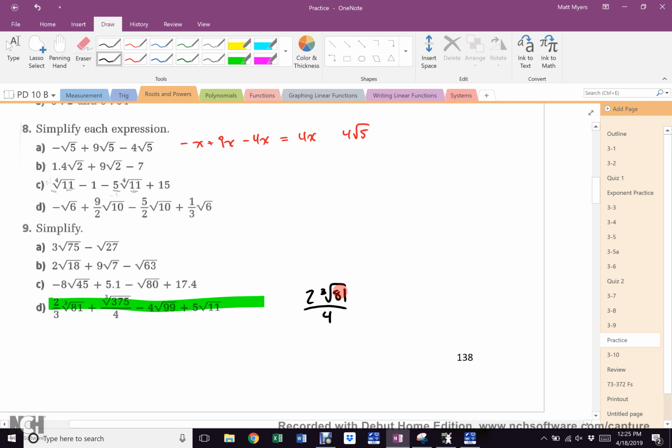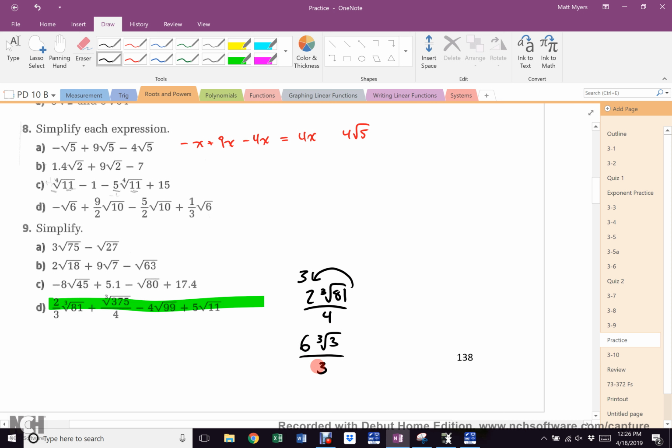Cube root of 81. 81 is 3 to the 4th power, yes? 9 times 9, 3 times 3, 3 times 3. So I need a cube root, so out will come a 3. 6 cube root 3 over 4. Yeah? Oh, sorry, it's over 3, because I was looking at this 4. 3. Yeah?